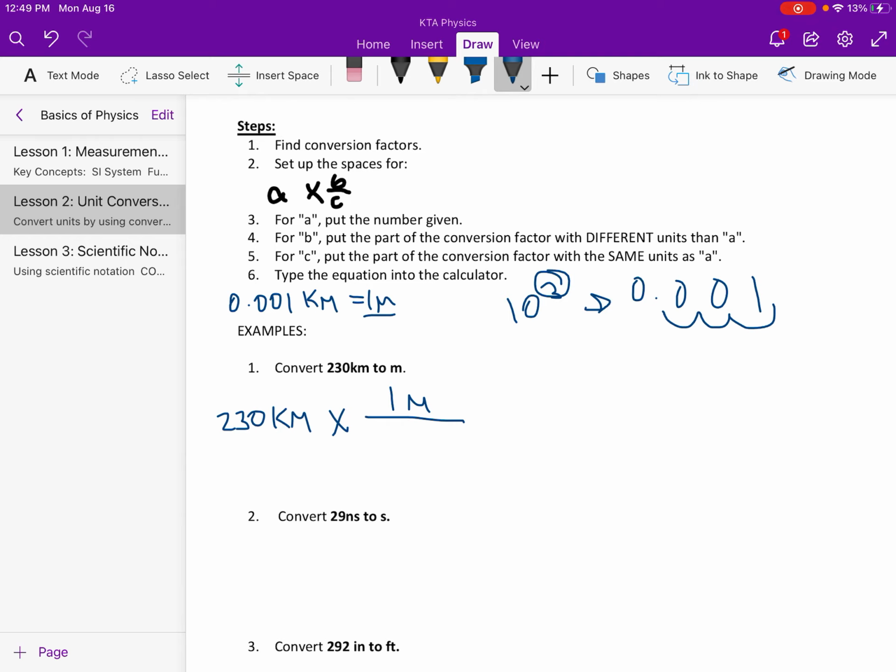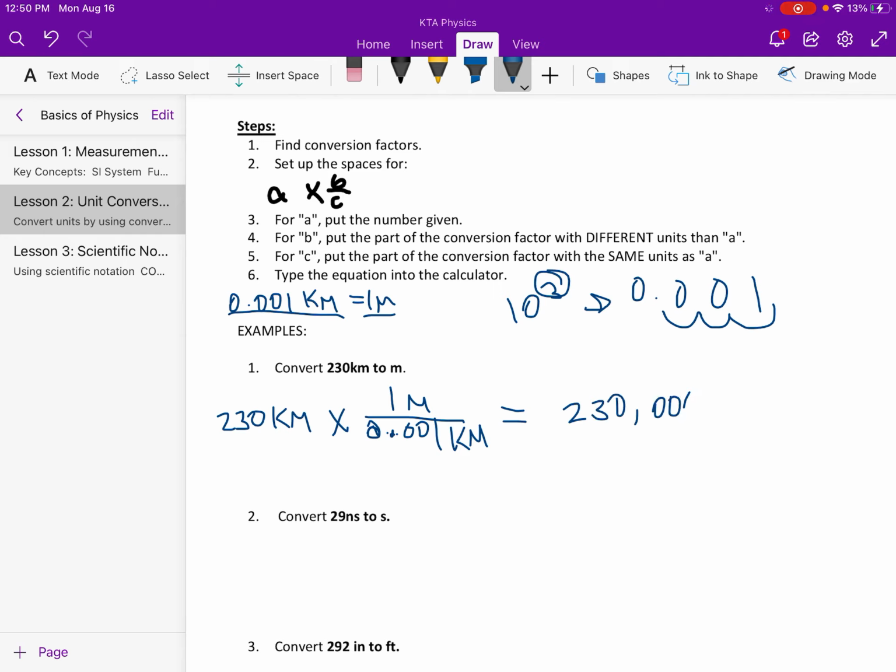And then C is the one with the same unit, so you put 0.001 kilometer here. Now we type that into the calculator: 230 times 1 divided by 0.001 equals 230,000.